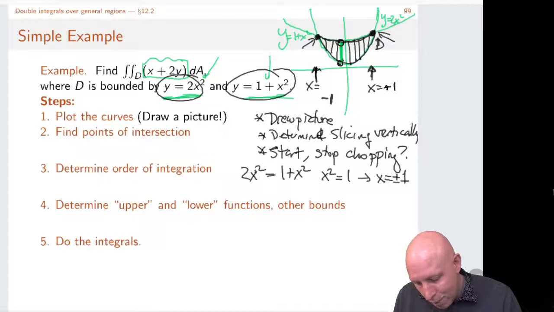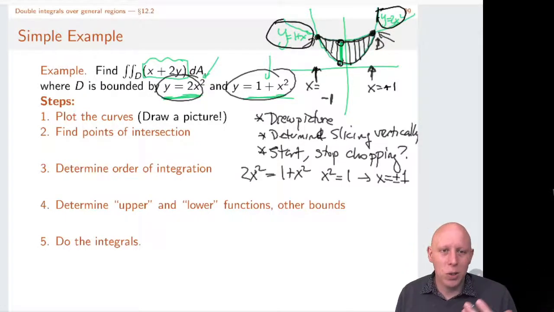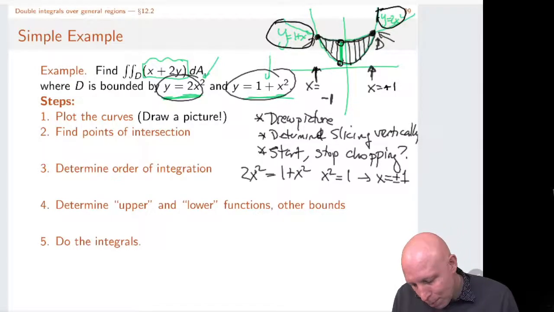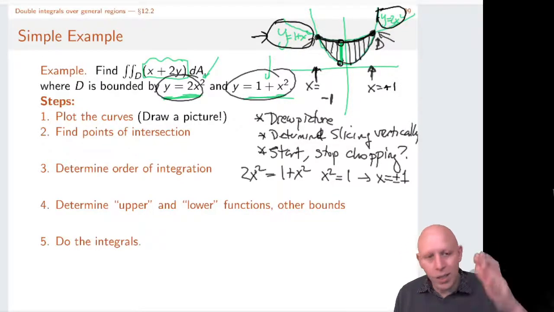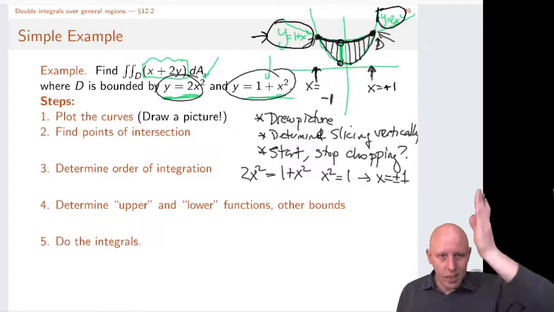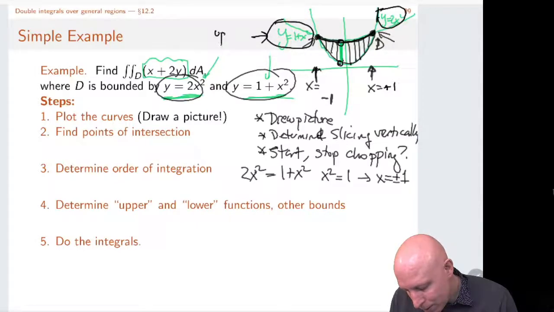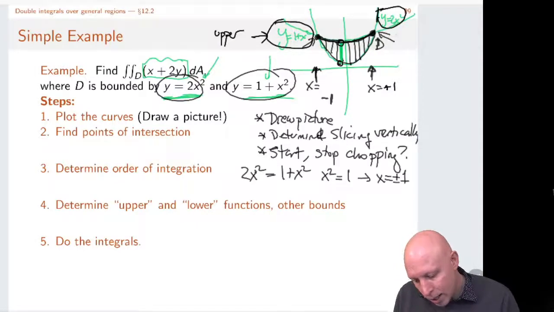And here I've labeled these things, but I didn't do a very good job of labeling them because it's not clear which one goes to which one. But we now have to go back and remember, what was the upper function? Well, the upper function is the one that's the top part of the slice. So this is the upper function, and this one is the lower function.